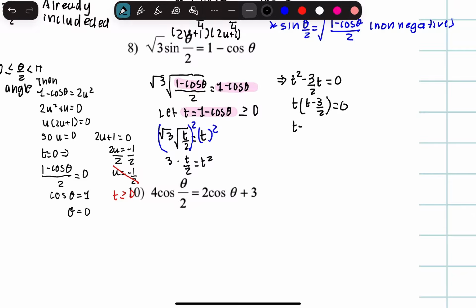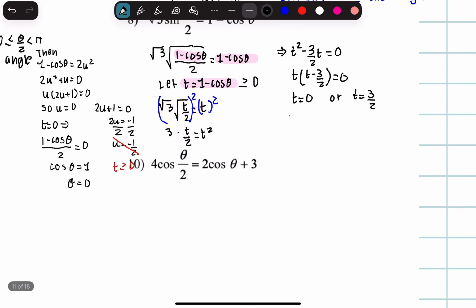So now t is either equal to 0 or t is equal to 3 over 2. So t equals 0. Now you plug that in. So you have 1 minus cosine of theta is equal to 0, so cosine of theta is equal to 1, so then you have theta is equal to 0.